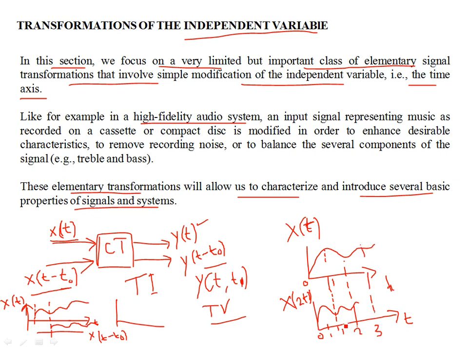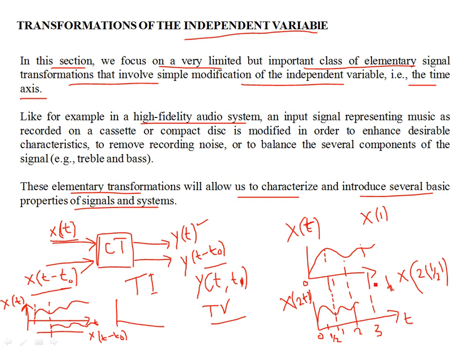So you see, at 1, this is half. Whatever is true at x equal to 1 in this upper figure is true at 2 into 1 half, at t equal to 1 by 2, right? This is going to make t equal to 1.